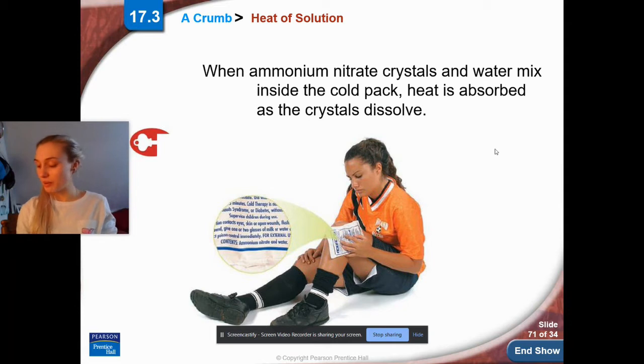So that little packet is absorbing heat, and when we feel something absorbing heat, it feels cold to us, because the heat is going from our hands to the cold pack. This is a real life example of ammonium nitrate and water mixing and creating an ice pack, because it takes the heat from the skin and pulls it into itself.